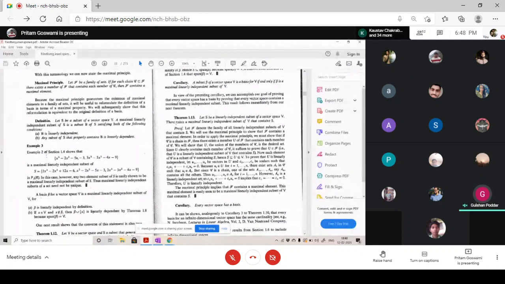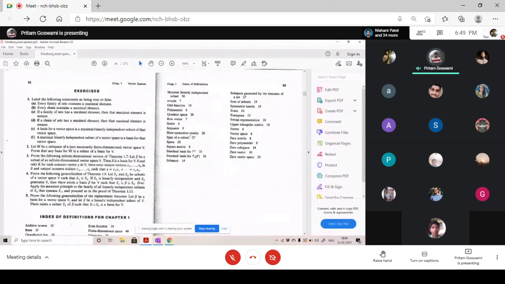No, sir. Yeah. Suppose S is a linearly independent set with n elements, and S dash is also a linearly independent subset with n elements. Both are bases, right? But you cannot compare them because they have the same number of elements. Yes, sir. Okay.